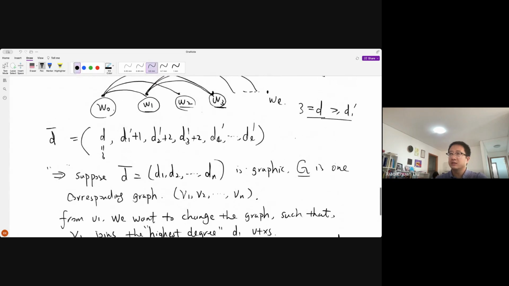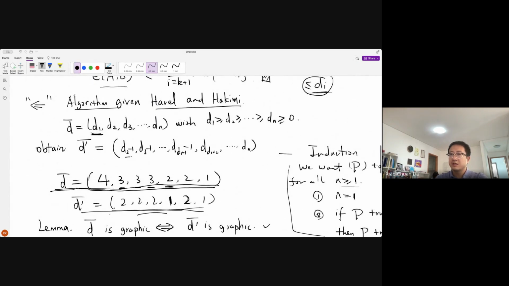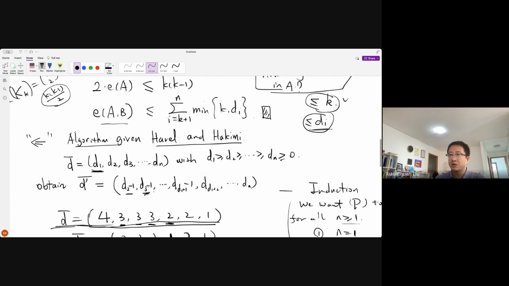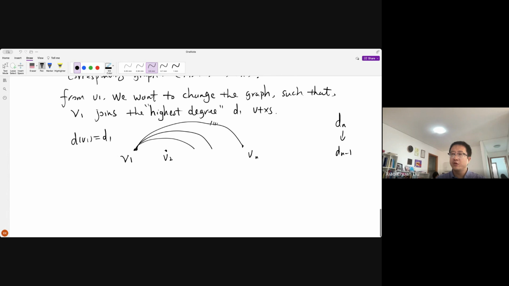Remember, I want the subsequent several vertices to have one less degree. So I hope V1 will join only the highest degree vertices.